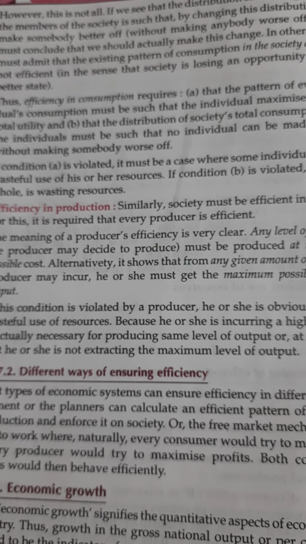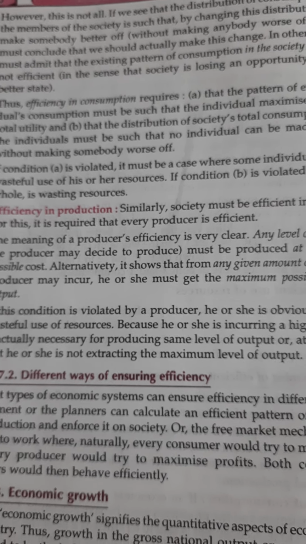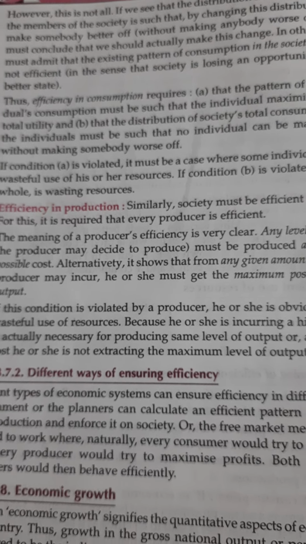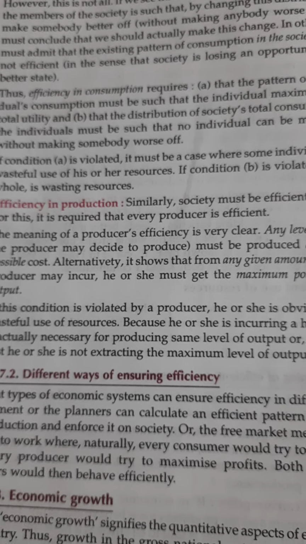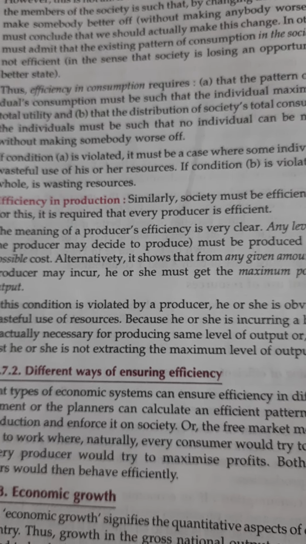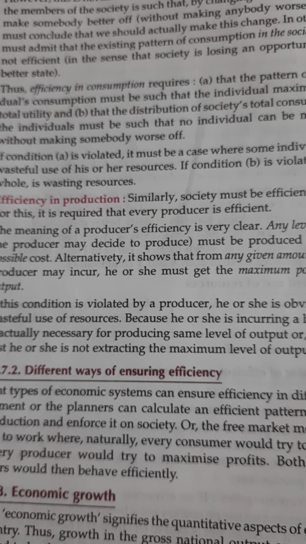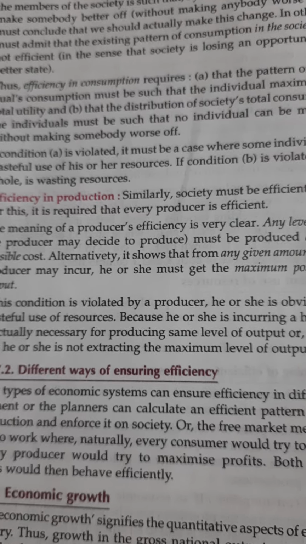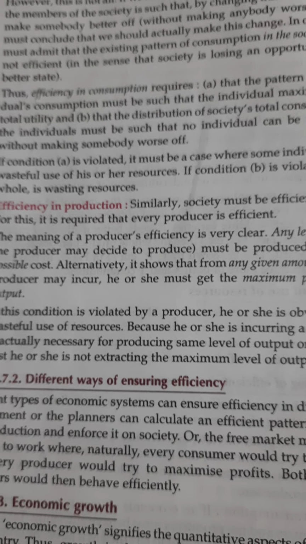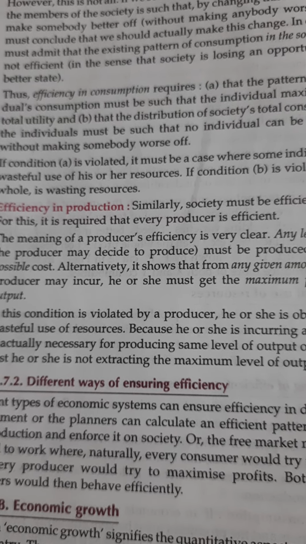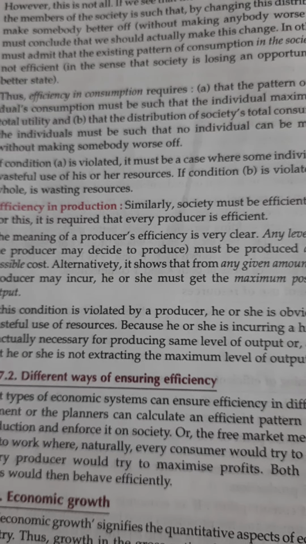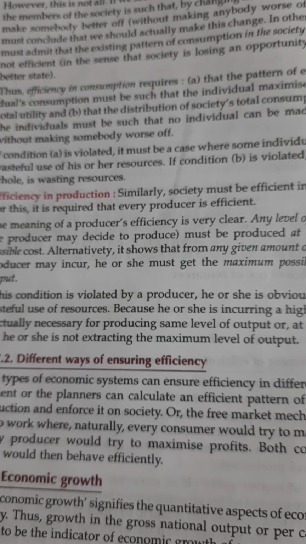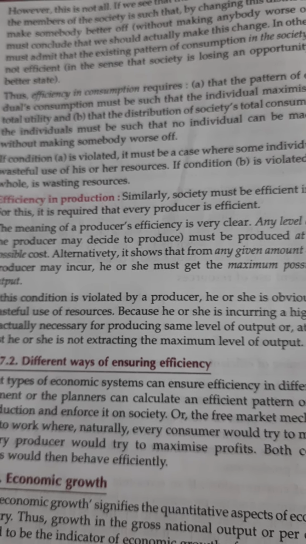On top of that, if we talk about the society, then if one part of the society is well off, then definitely another part of the society has to be worse off. This has been explained while I had been explaining to you the PPC. That means if one commodity has to be increased, another commodity has definitely to be lowered.